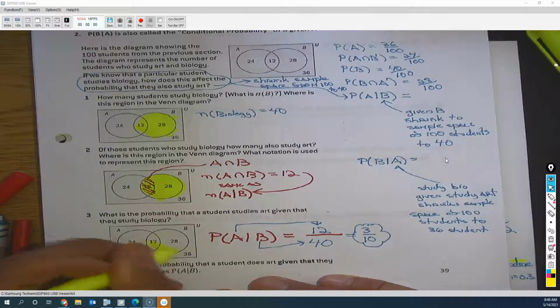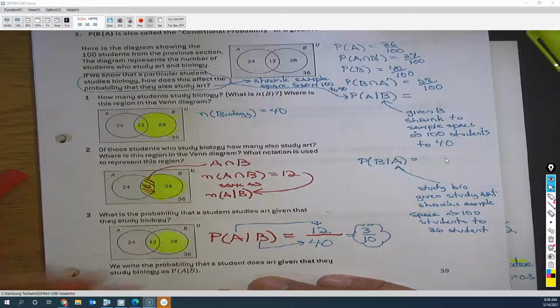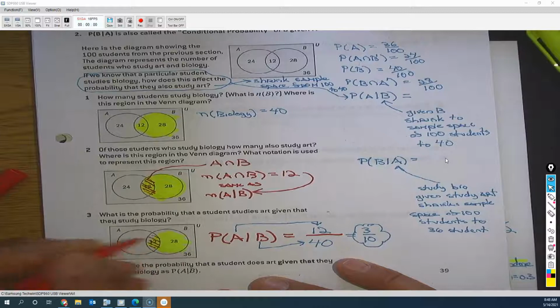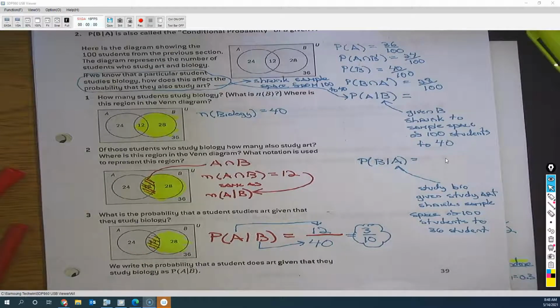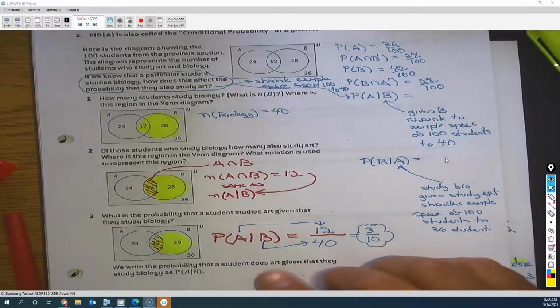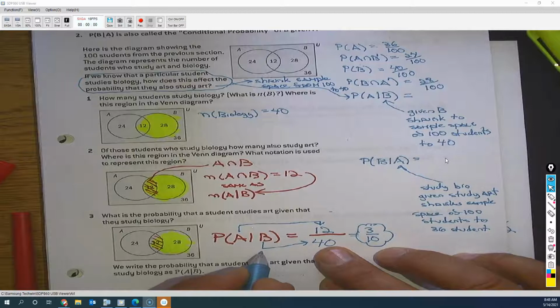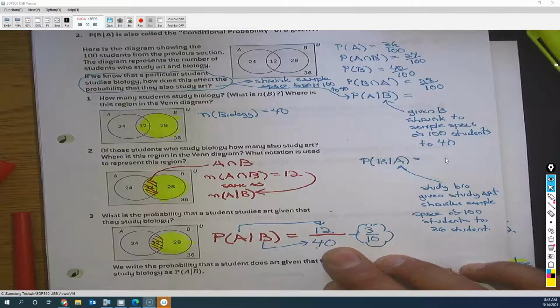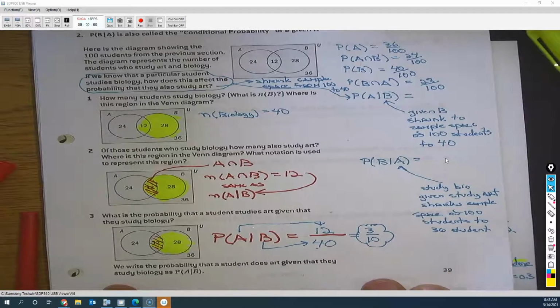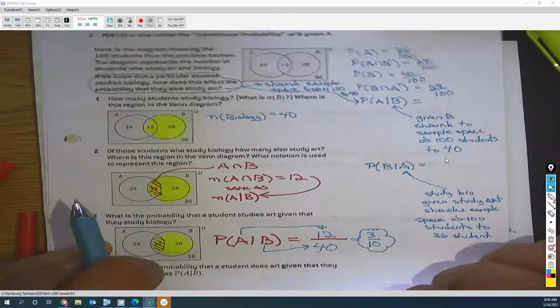That's the probability of this area right here. It's not 12 out of 100 anymore. This is where the denominator shrunk from 100 to 40. Okay, you got that?